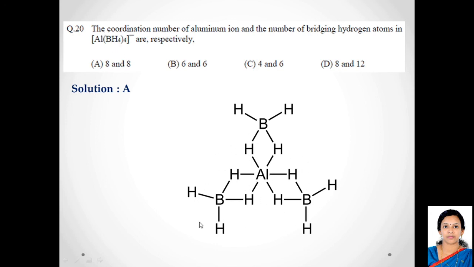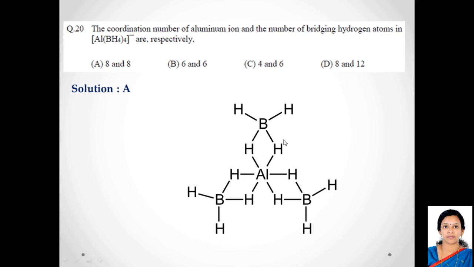If you look at the trihydroborate, you'll see that the coordination number is 6. There are 3 borate ions, 1, 2 and 3, arranged around the aluminum, and each borate is bonded to the aluminum via 2 bridging hydrogens. So each borate is bonded at two coordination sites on the aluminum.